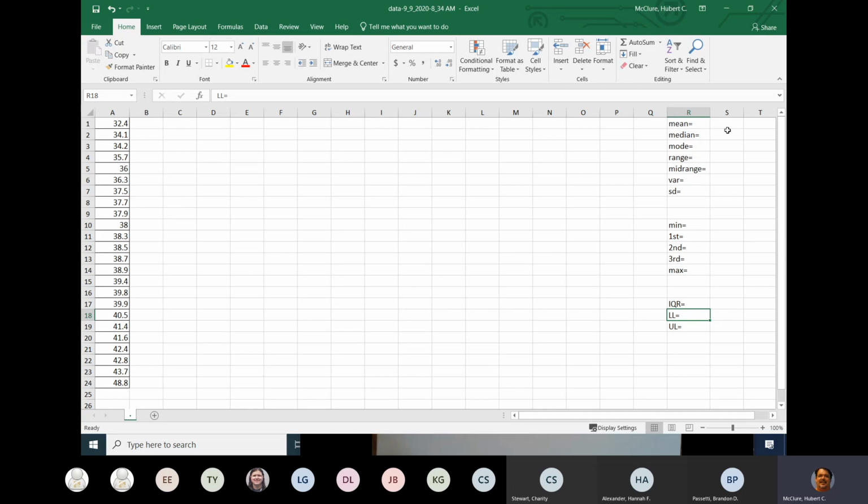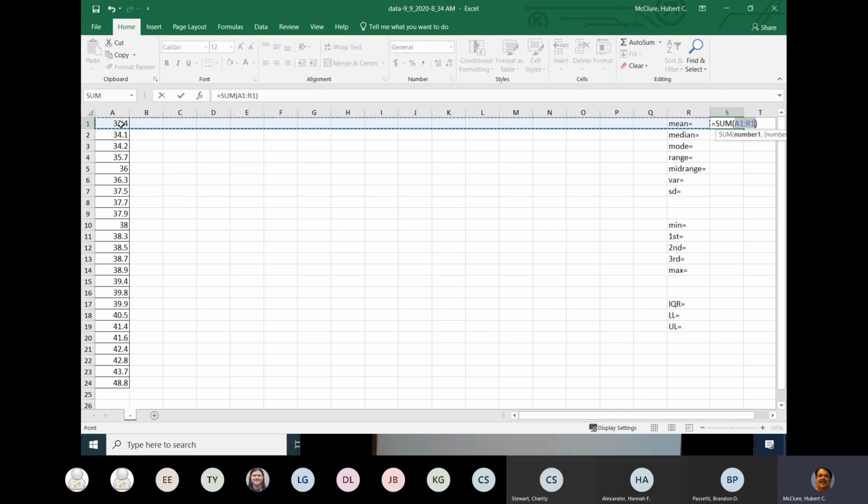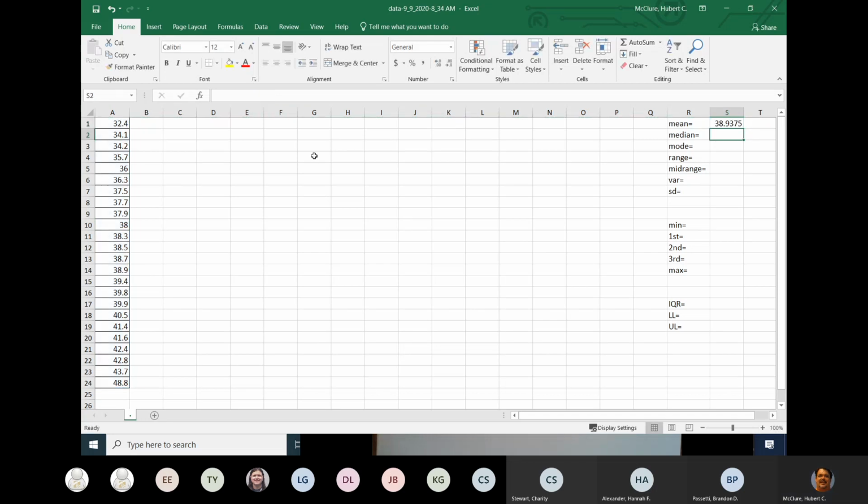So let's find the mean, and that's going to be the summation of all these divided by 24. Median, well, we got 24, so that's 12 and 12. So we got to go 11 and 11. So go down to 11, and these are your two numbers.